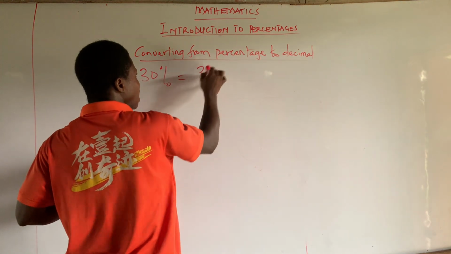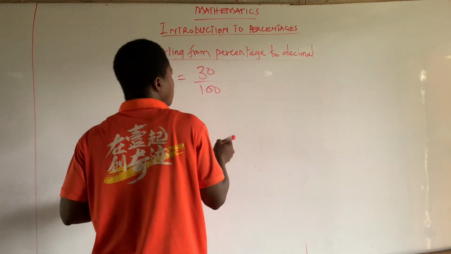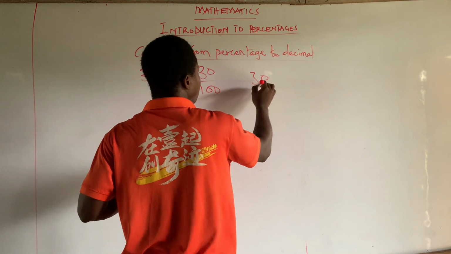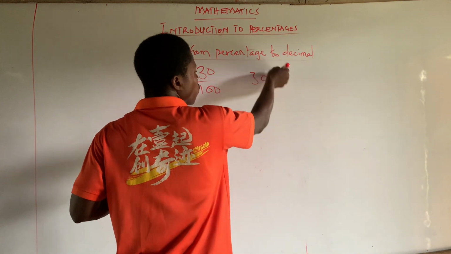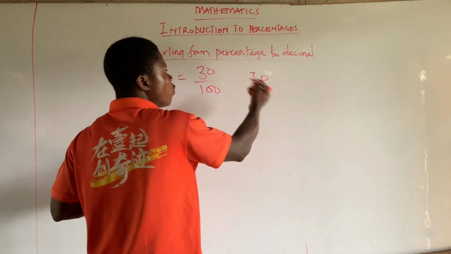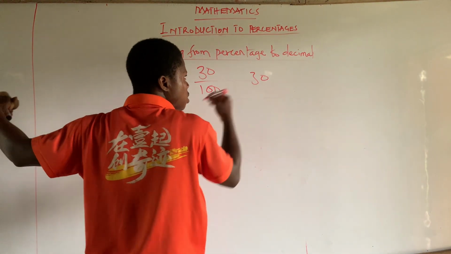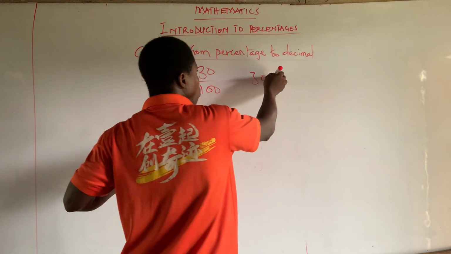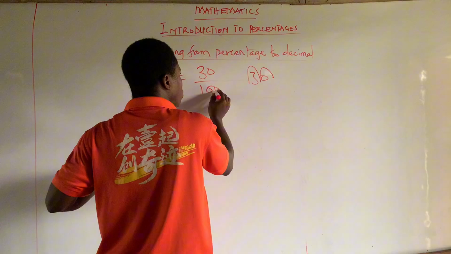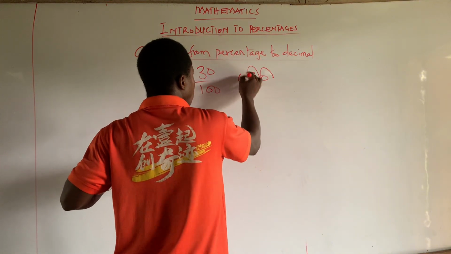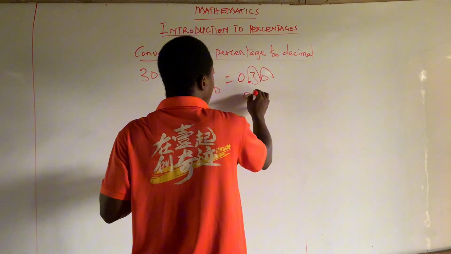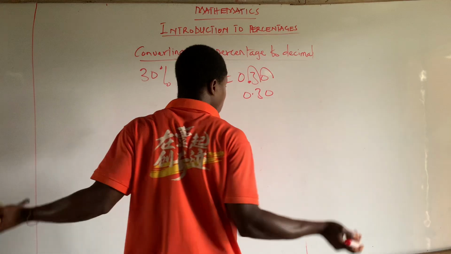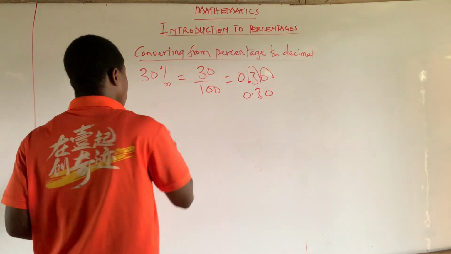Just write 30 out of 100. Write the 30 and move left. You understand? Start from the right and then move towards the left side, 1, 2, because of the 2 zeros. So 0.30 or 0.3, the same.